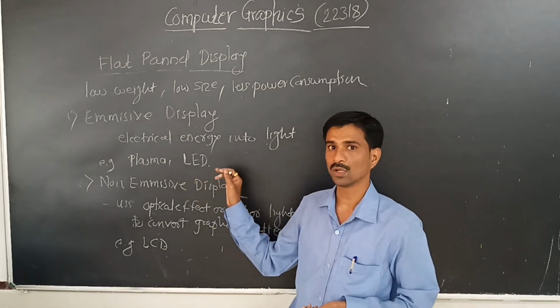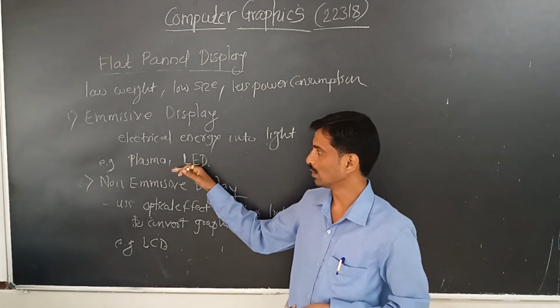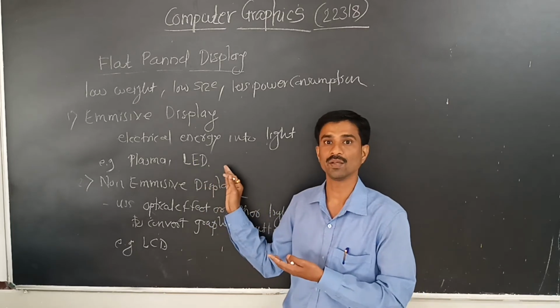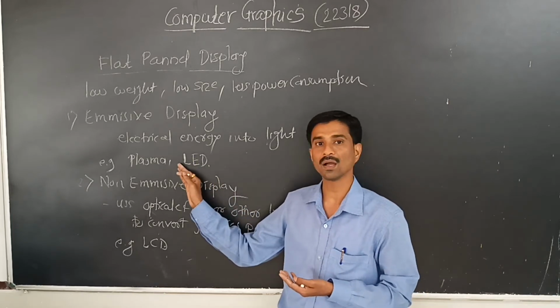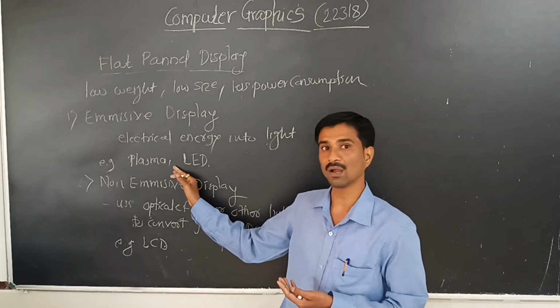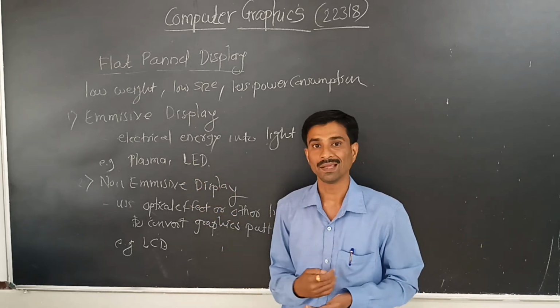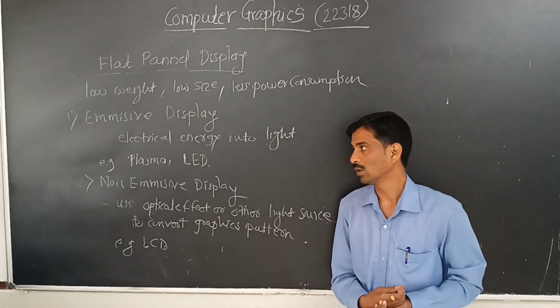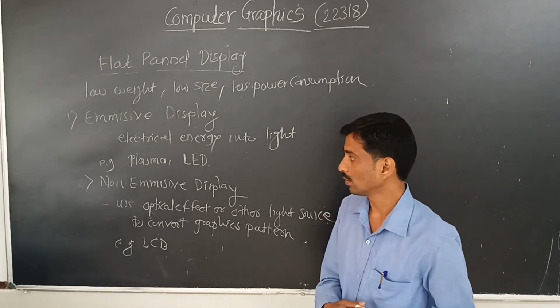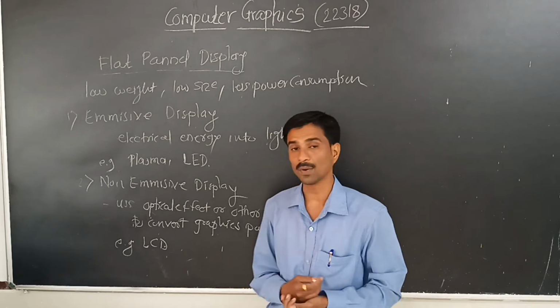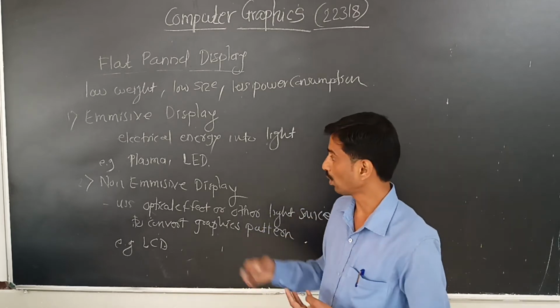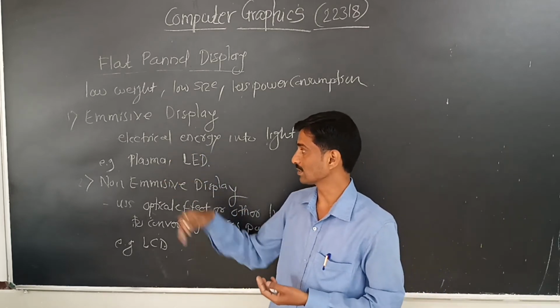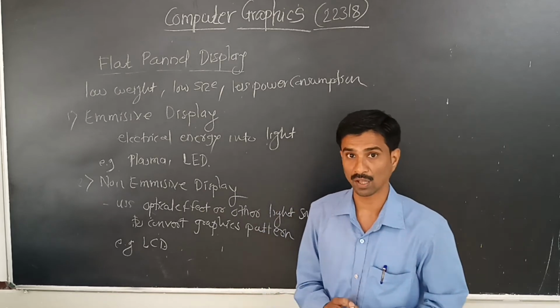All of you, I think, have heard about these display devices, plasma panel or plasma, and the other is LED, that is light emitting diodes. We will see in the latter part of the lecture the working of these devices, LED as well as plasma.